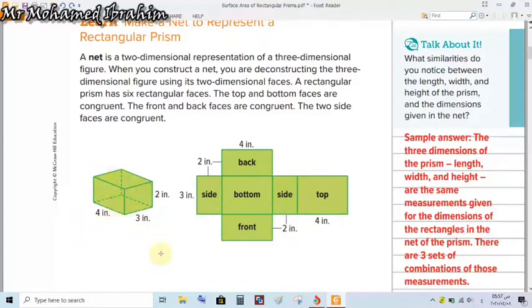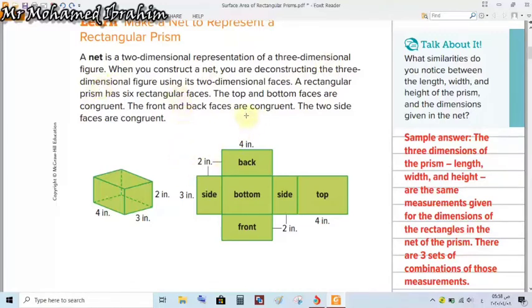So we only draw 2D shapes and then convert them into a 3D shape. This is what we call a net. But it's not our main topic in this lesson.